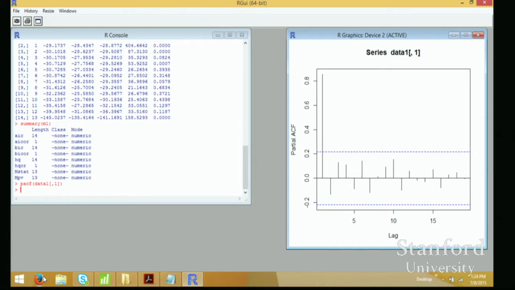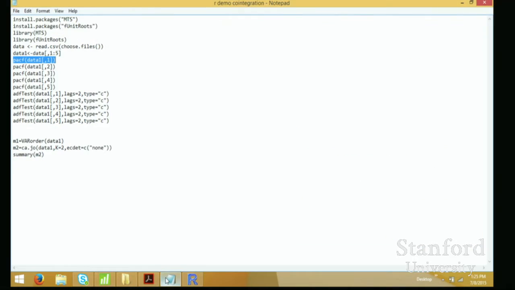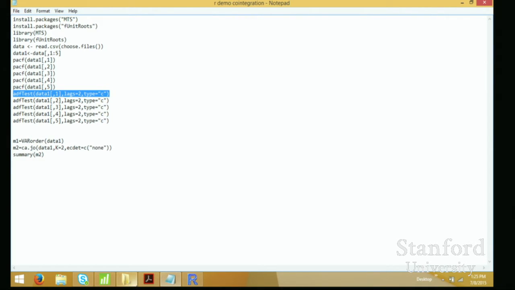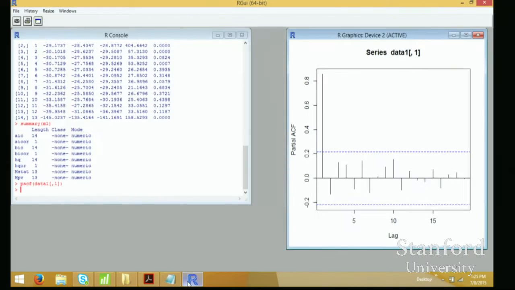The next thing I want to do here is the ADF test. I'm including lag 2. It doesn't really matter if that coefficient is 0, that's going to vanish anyway. So I'm just going to run the ADF test.